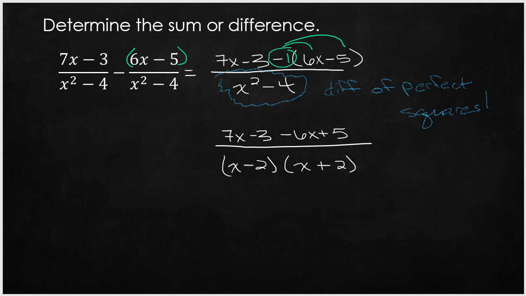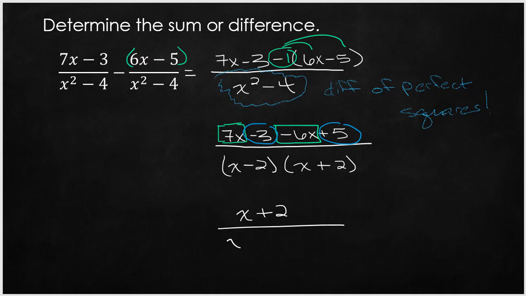All right, and in the numerator, let's start combining like terms. Here we have 7x and negative 6x. So 7 minus 6 will get us just a 1x. And then you've got negative 3 plus 5. So negative 3 plus 5 is plus 2.